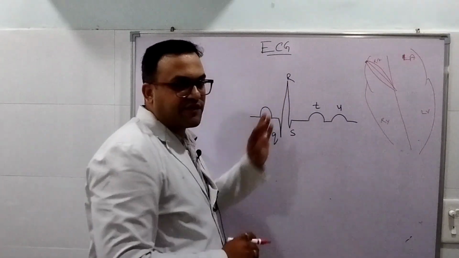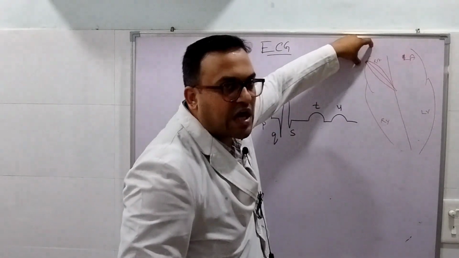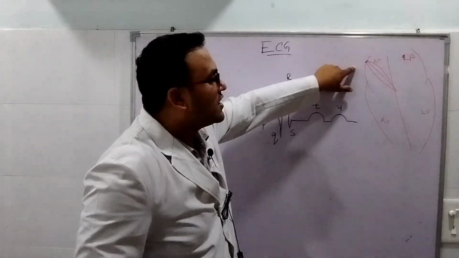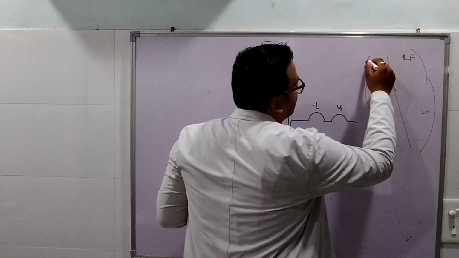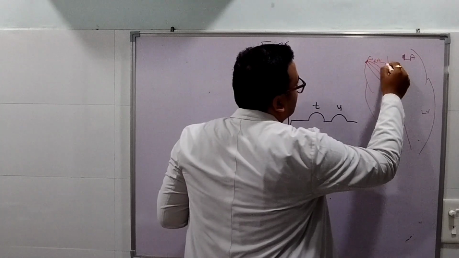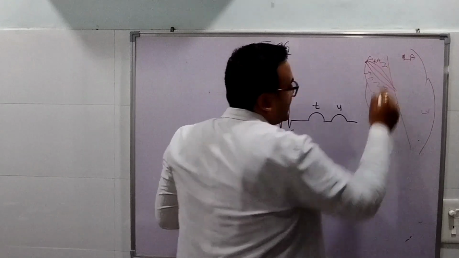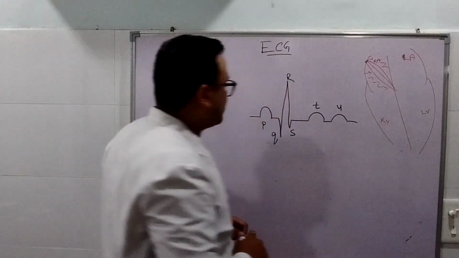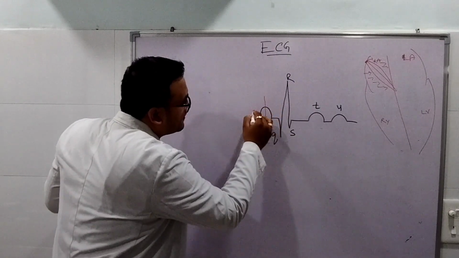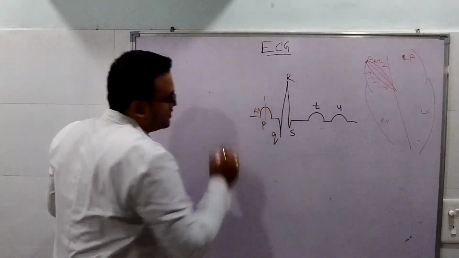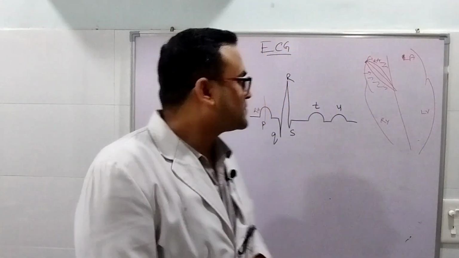When the SA node fires, the first chamber of the heart to contract is the right atrium. The impulse gets conducted from here to the right atrium. It spreads throughout the right atrium and depolarizes the right atrium, which makes the initial P wave, the first half of the P wave, is the contraction of the right atrium.